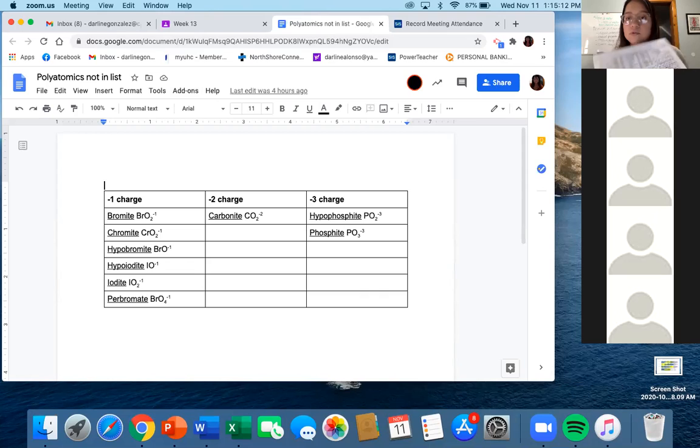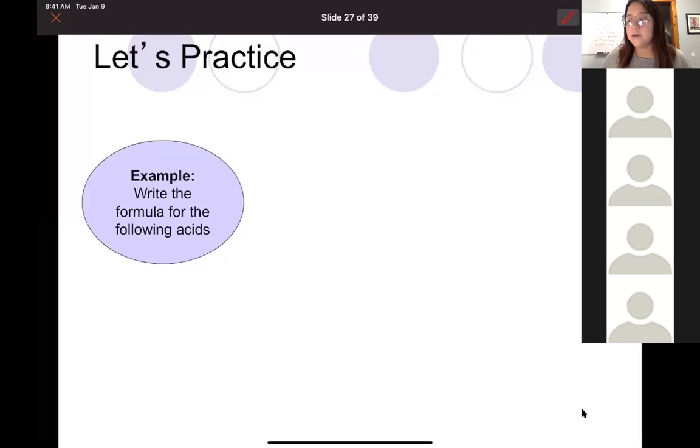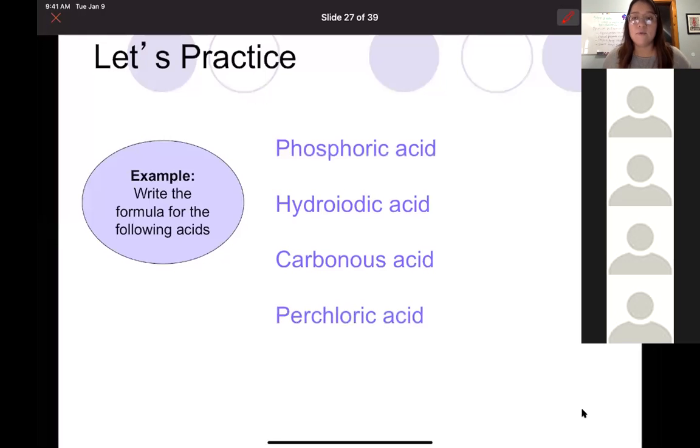So now that I told you that, all right, what I want you guys to do is I want you guys to do these 4 problems. This one, just an FYI, this one you will find in that new polyatomic sheet that I gave you. Okay, but the rest of them you should be able to find in the regular sheet here. So what I want you to do is take about 10 minutes, see if you can figure these out, okay?